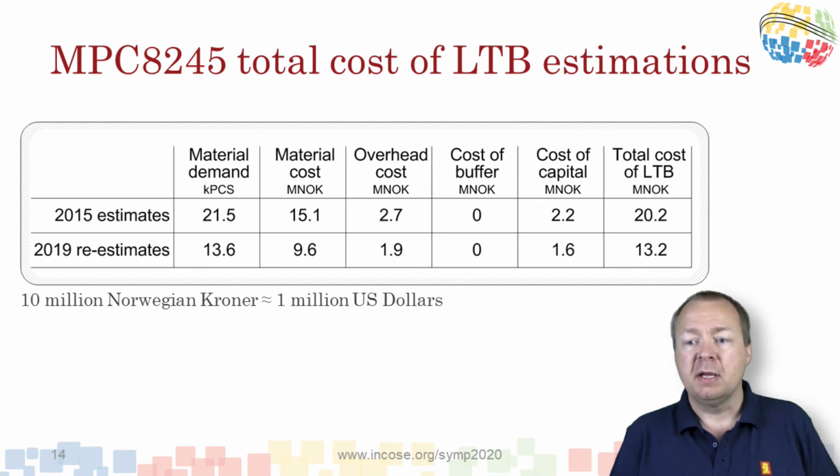Based on the knowledge we have in 2019, KM should have bought 13,600 pieces. A buffer was included in the 2015 last time buy, but not explicitly. It has not been possible to separate buffer demand from material demand, so that is why it's set to 0.